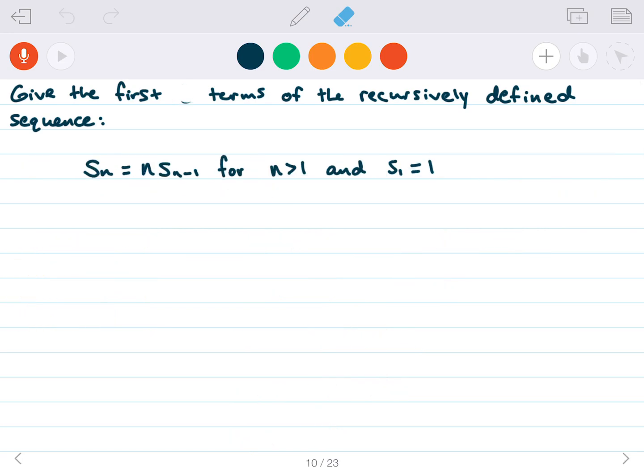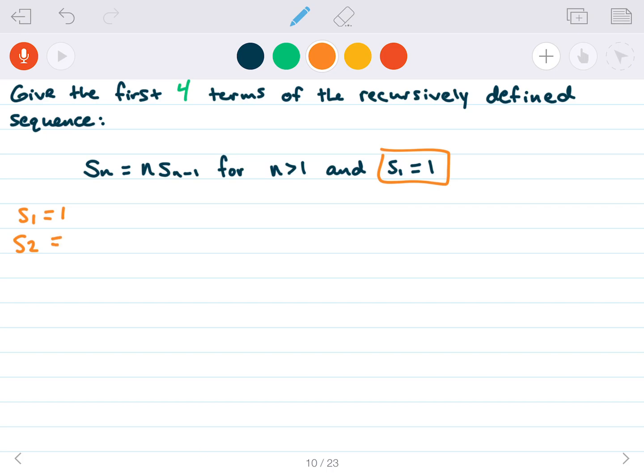Okay, I'm going to do 4 again for this one. So give the first 4 terms of the recursively defined sequence. Okay, so here we are given the first guy, S sub 1. So S sub 1 is 1, so let's find the second number in our list.